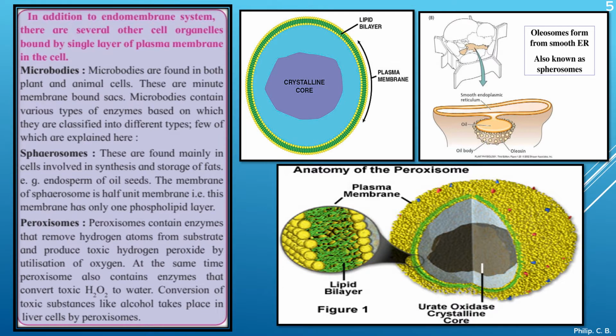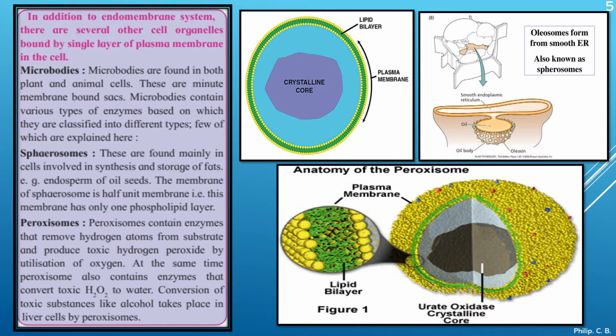At the same time, peroxisomes also contain enzymes that convert toxic H2O2 to water. Conversion of toxic substances like alcohol takes place in the liver cells by peroxisomes. So even the toxic components are converted into water, or they are converted into simpler forms with the help of the peroxisomes, which takes place in the liver.